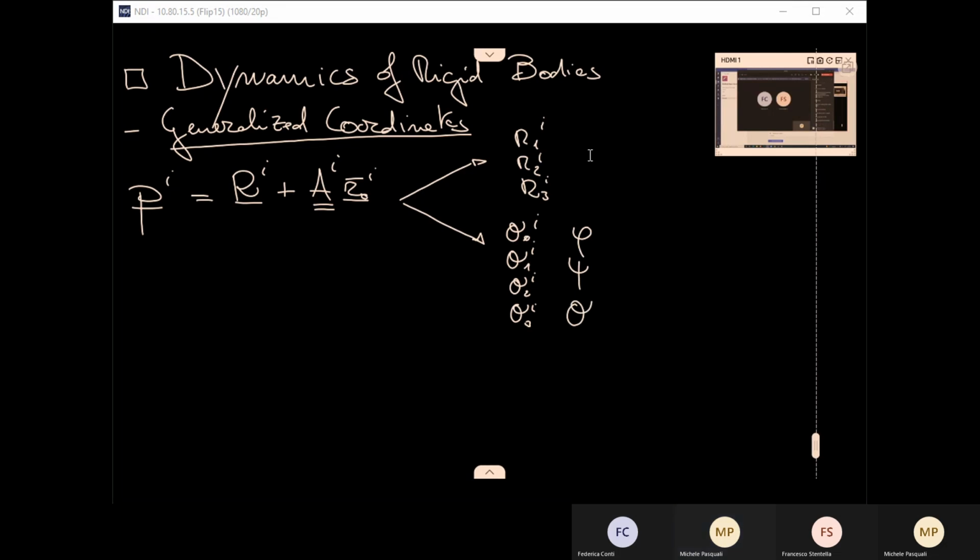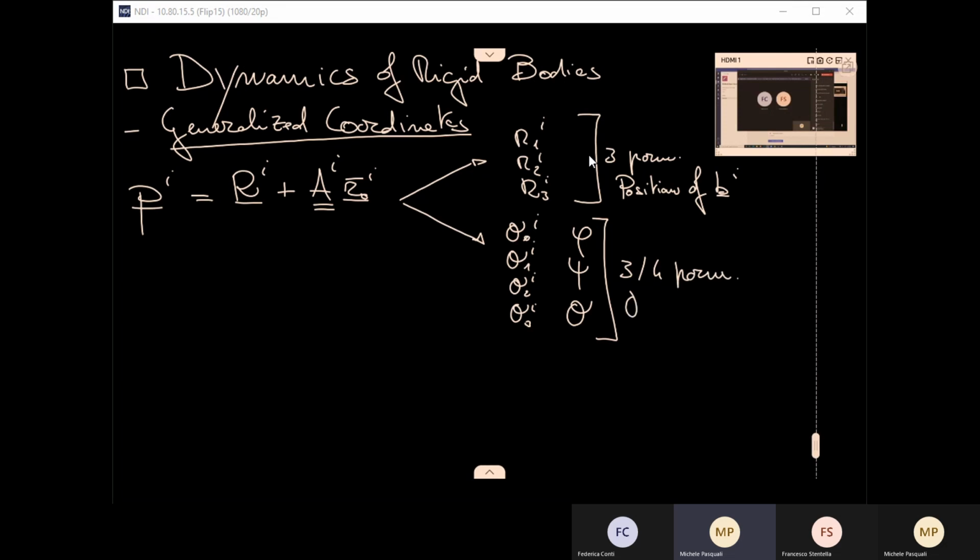So these are 3 parameters for the position of the local frame, and then we have 3 or 4 parameters for orientation, always of the body.